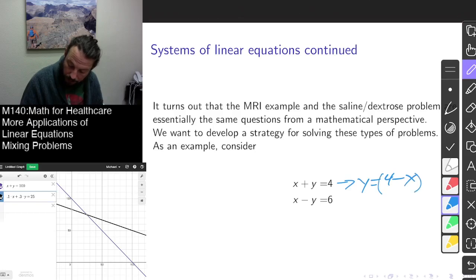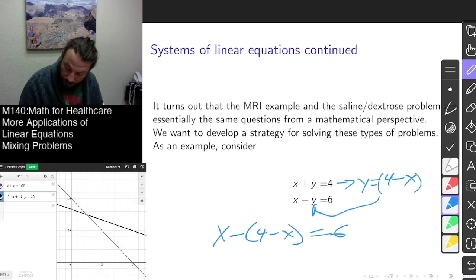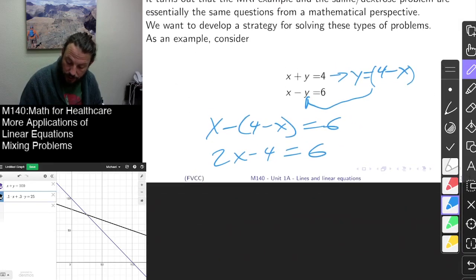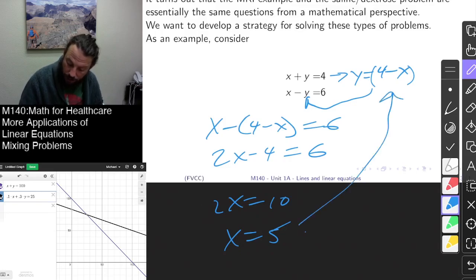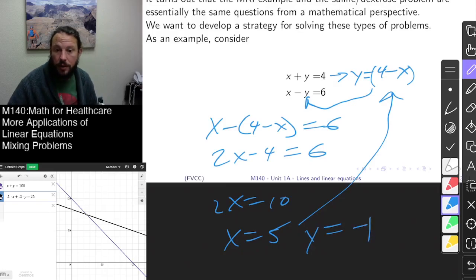I plug that in for my y, minus parentheses, don't forget the parentheses here, equals 6. That gives me 2x minus 4 equals 6, and finally 2x equals 10, so x equals 5. When I plug that back in, I get y equals negative 1.